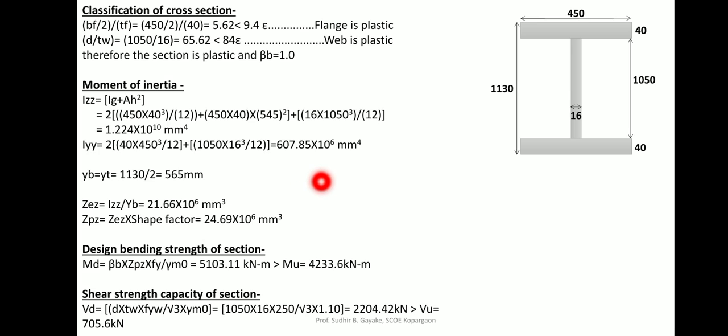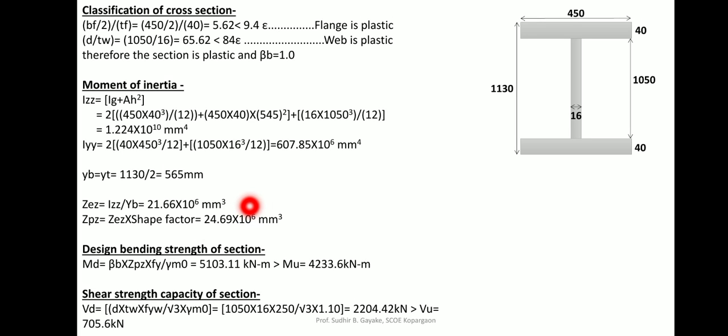Now based on this only you can calculate the elastic section modulus. Elastic section modulus is nothing but moment of inertia divided by extreme fiber distance, either bottom or top. So as the symmetrical section, bottom and top is the same value, therefore along z side I am calculating. So elastic section modulus along z side, Izz divided by Yb or Yt, so I am getting 21.66 into 10 raised to 6 mm cube.